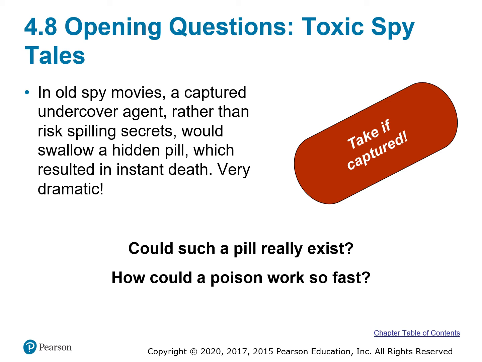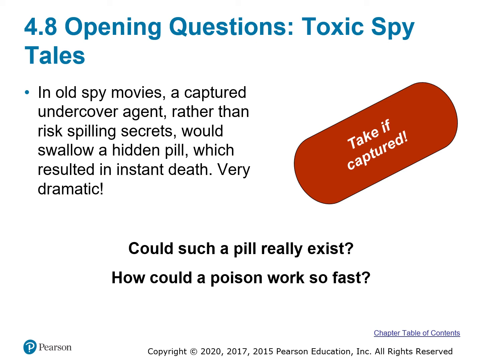Now, when we start to talk about the details of cellular respiration, remember I wanted you to understand why it is that we die if we don't have food, and why we die when we don't have oxygen. So this is talking about if you've ever seen any of the old spy movies where a captured undercover agent, rather than spilling secrets, would swallow a hidden pill which resulted in instant death, which was very dramatic.